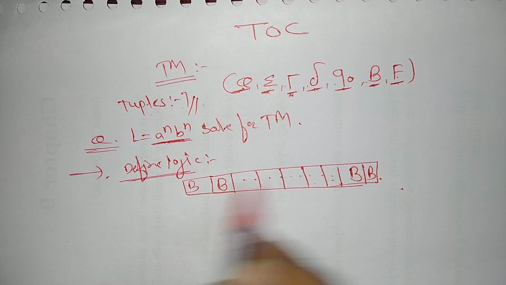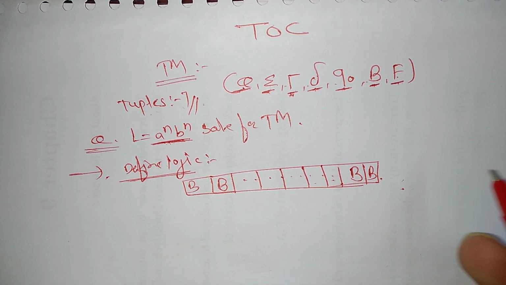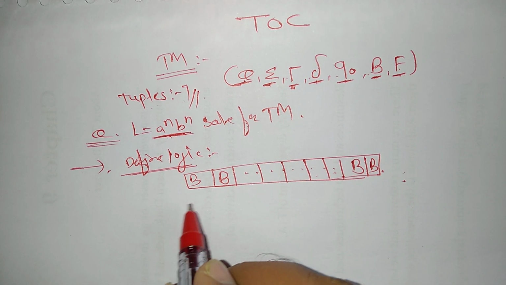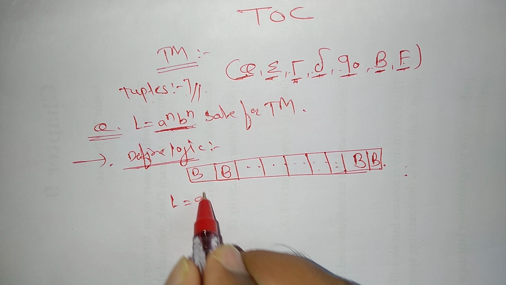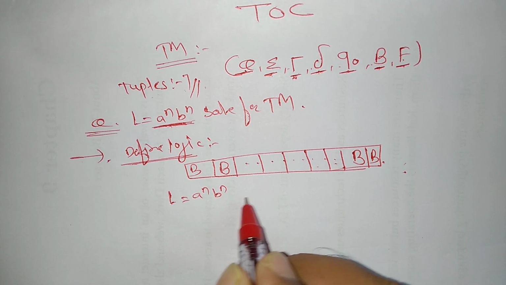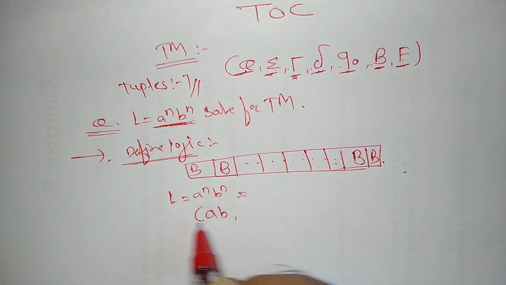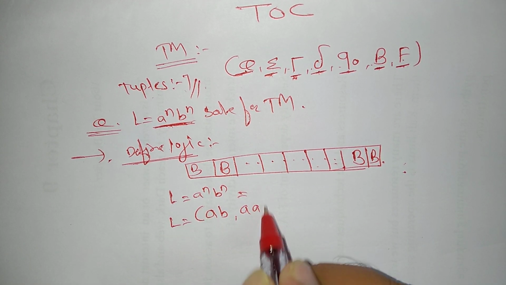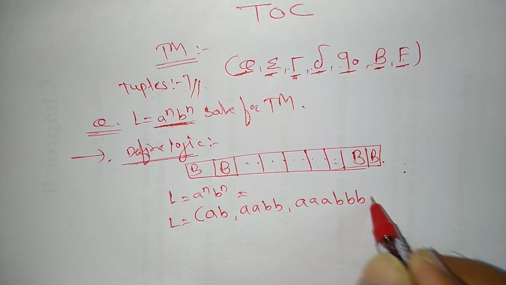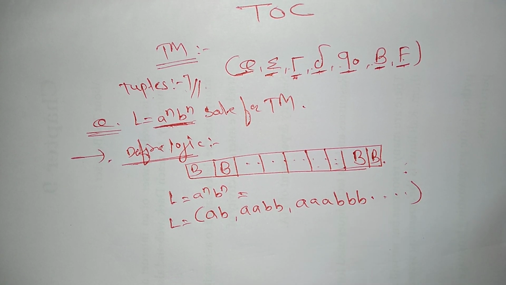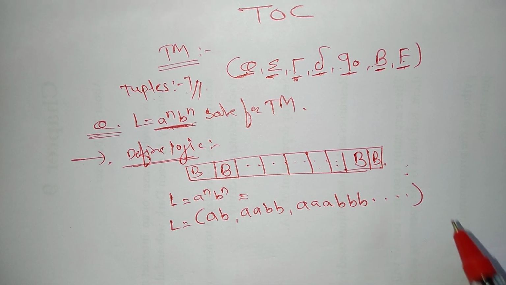It may be a single blank or infinite blanks. For the language a to the power n, b to the power n, it may be ab, or aabb, or three a's and three b's, up to infinity. This is the possibility of the language.